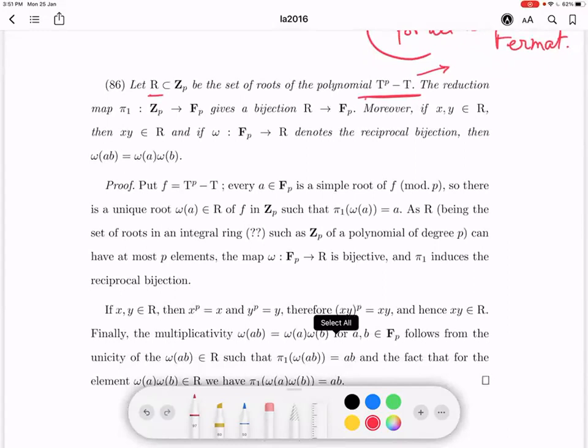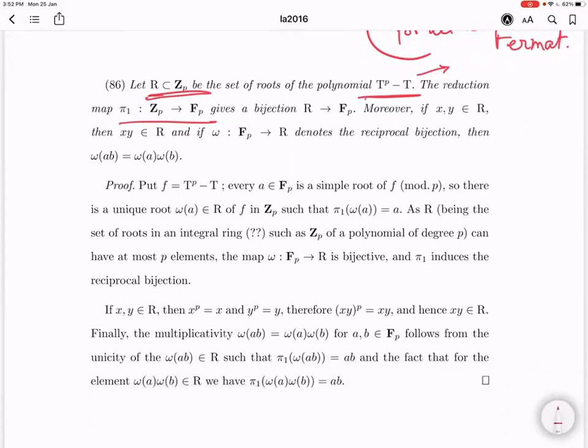So I have this subset R of Zp, and I have this reduction map pi 1. The claim is that pi 1 gives a bijection of R with Fp.